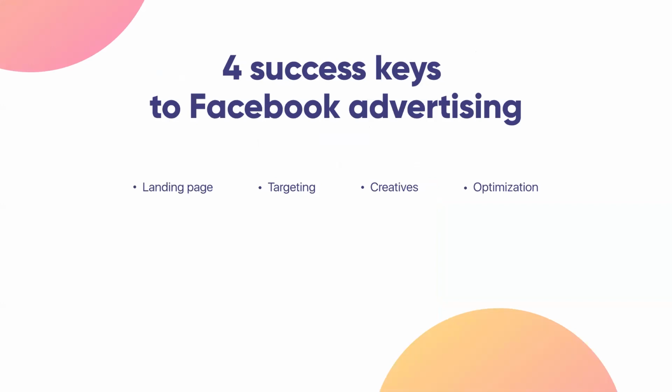The next part of the webinar is four success keys to Facebook advertising. It's of course the landing page, targeting, creatives, and optimization. I will talk about each one in detail. But of course, we can't share the exact creatives and targeting options that we used in our advertising.